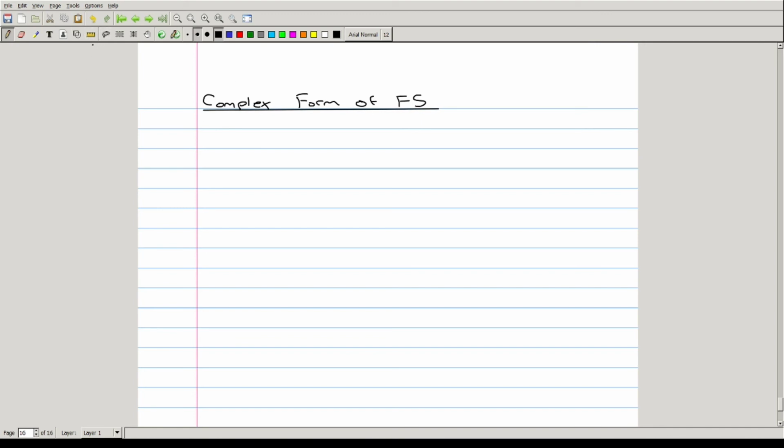And this can be obtained by using what's called Euler's formula, which is probably one of the most fundamental formulas in mathematics. It says that e to the i theta is cosine of theta plus i times sine of theta, where i is the square root of -1. It's a complex unit.